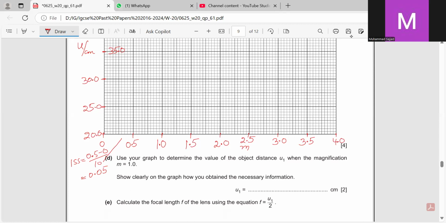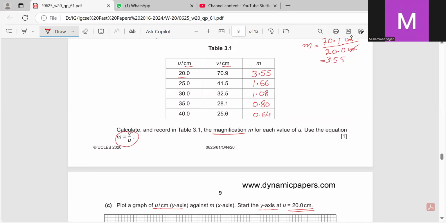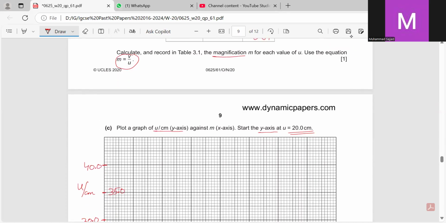So when u is 20, the value of m is 3.55. See, this is 3.50, this point is 3.55. Now next, when the value has become 25, 1.66 is the magnification.